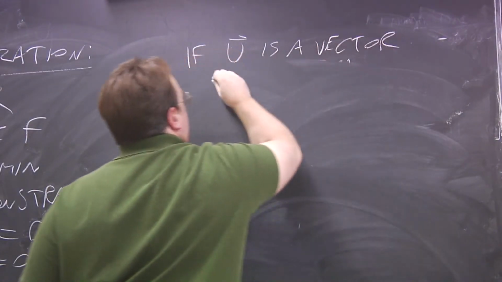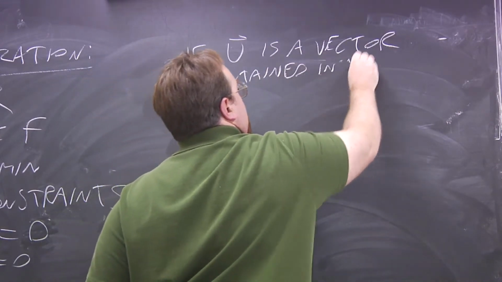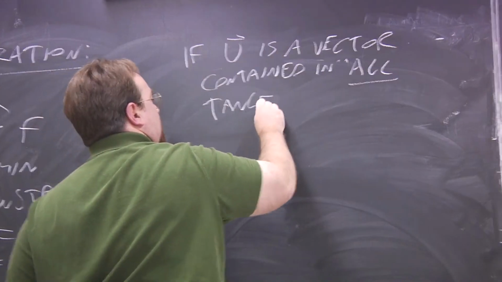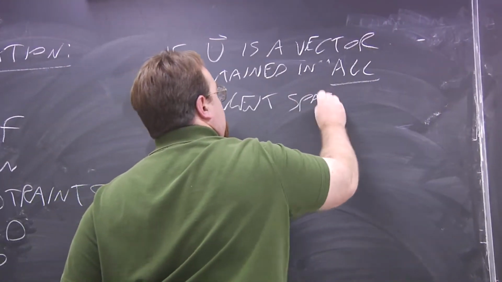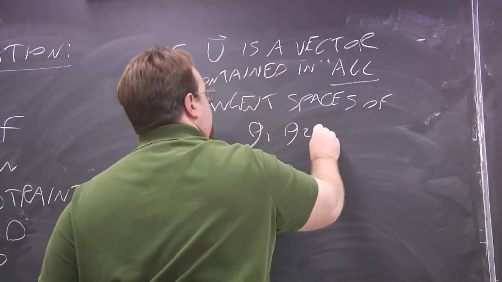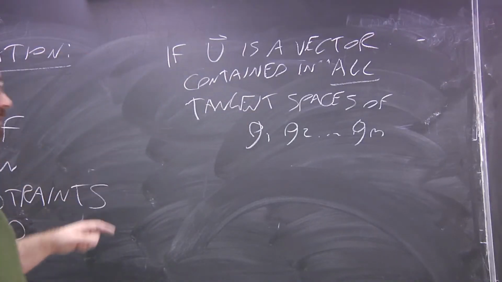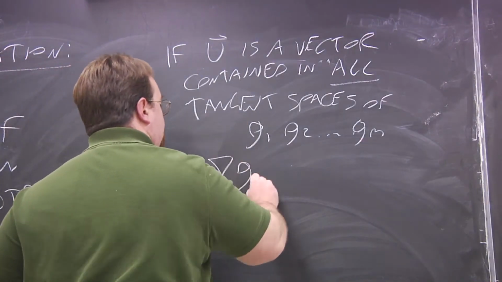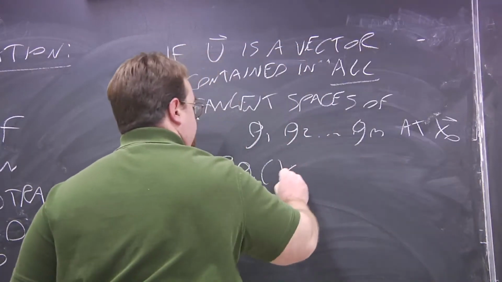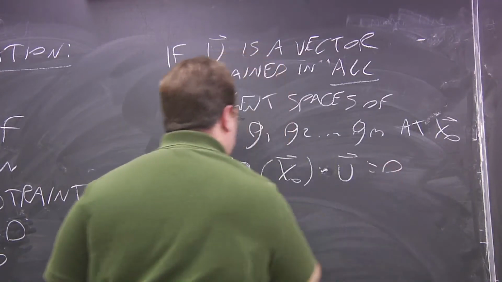So if u is a vector contained in all the tangent spaces of g1, g2, up to gm for however many constraints we have, therefore this gives us that the gradient of g1 dot product of u is equal to 0.